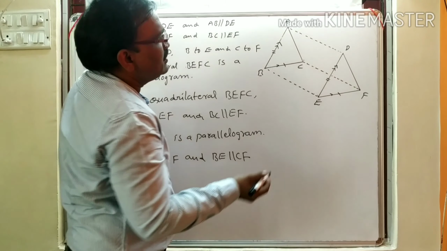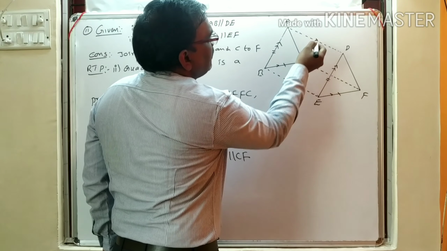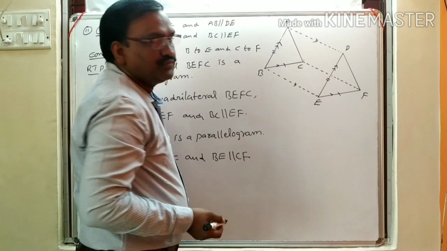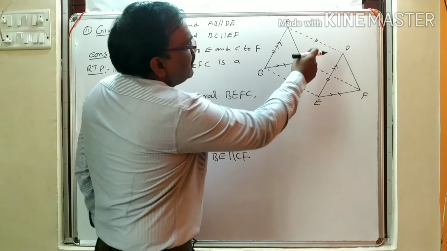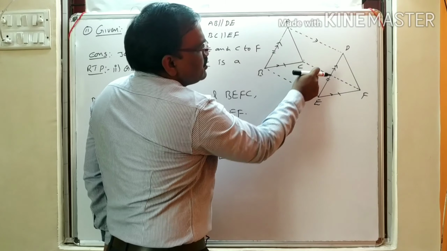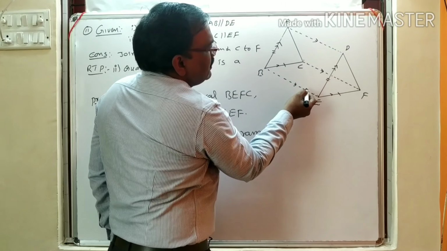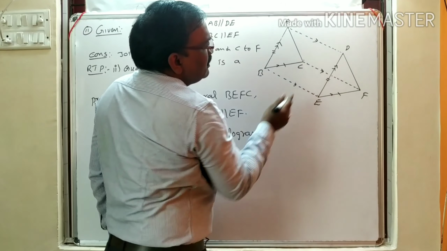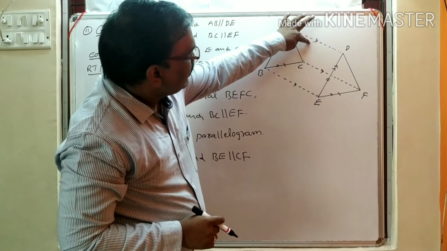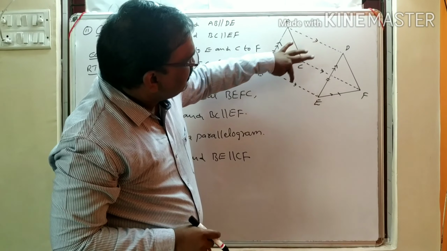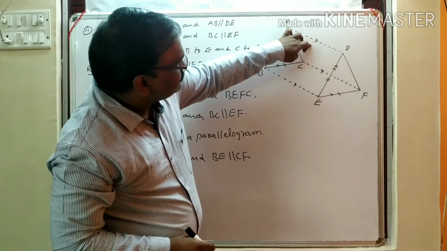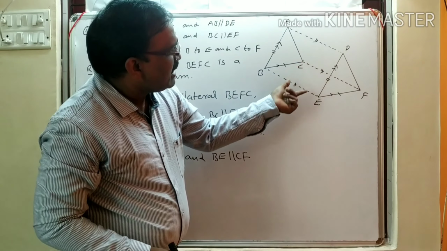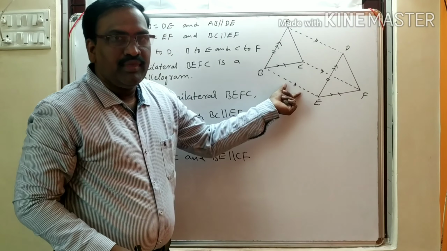So already proved these two are parallel and equal. Now observe, these two parallel and equal. What about these two? So this is parallel to this and this is equal to this.